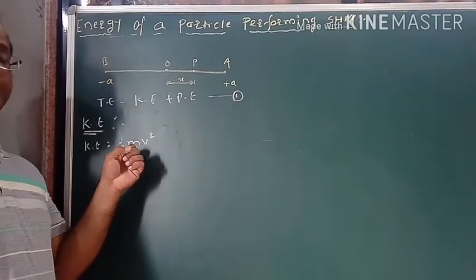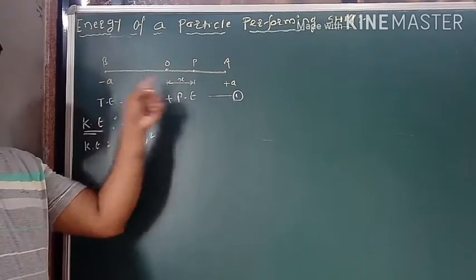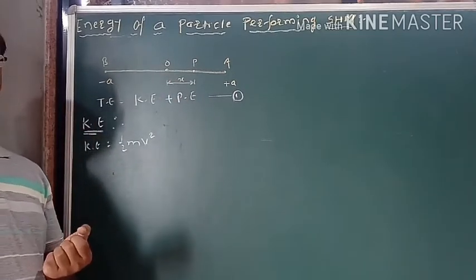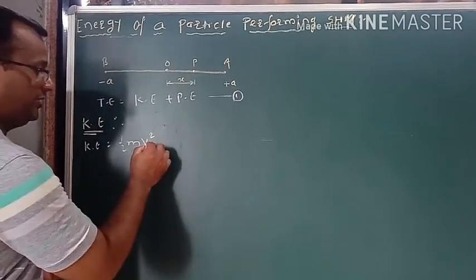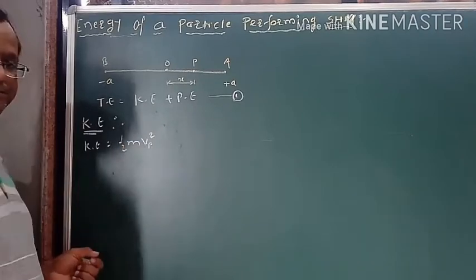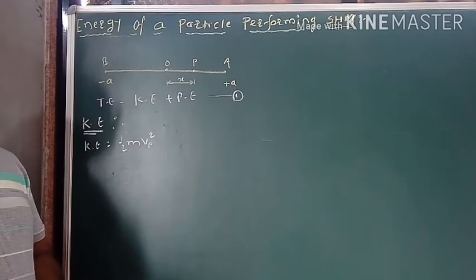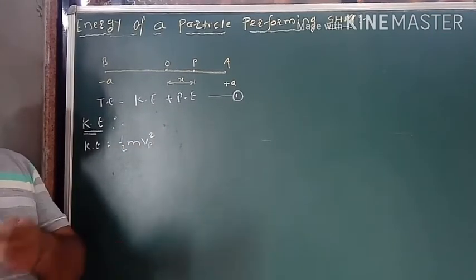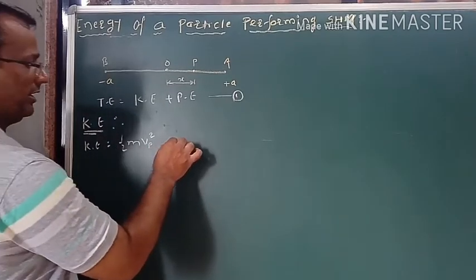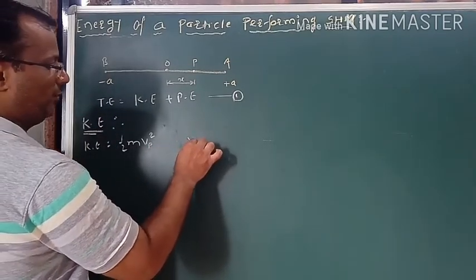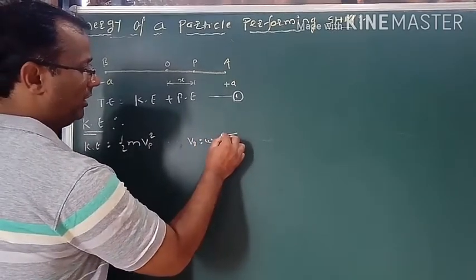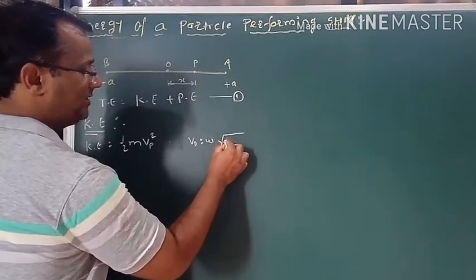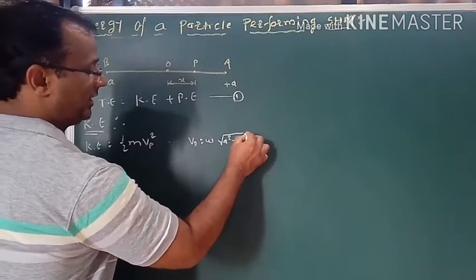Here m represents the mass of the particle which performs the simple harmonic motion, and v is the velocity at point P. But we know the formula of velocity in linear SHM: the value of Vp is equal to omega into the under root of a square minus x square.